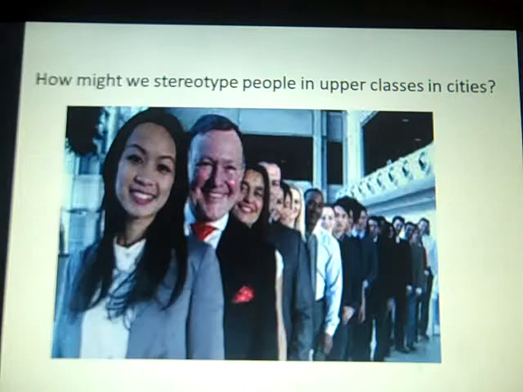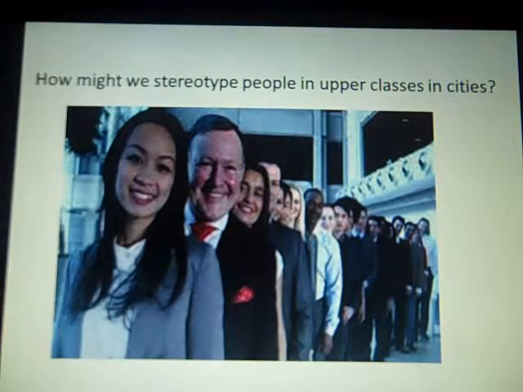The jock, the male athletes here on the left, we assume that these guys are not bright, that maybe they don't treat women well, that they're kind of given a pass through school because they're good at sports. And again, we don't know this to be true. So we stereotype groups of people. We stereotype cities as well.